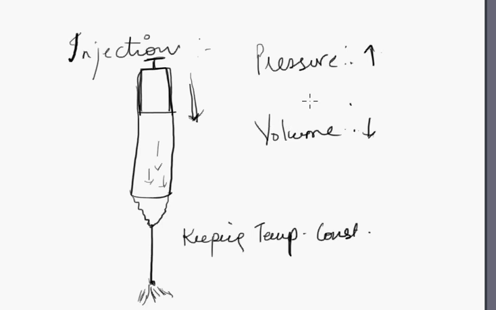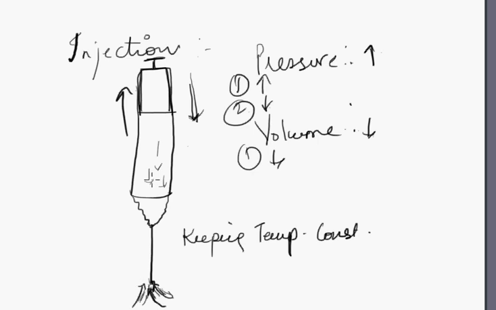Now let's take the second condition where we decrease the pressure, like we are pulling out the piston. What happens? From here all the gas goes inwards, so the volume of the gas increases.